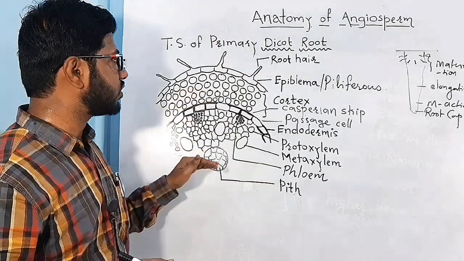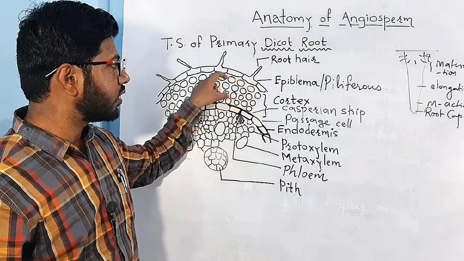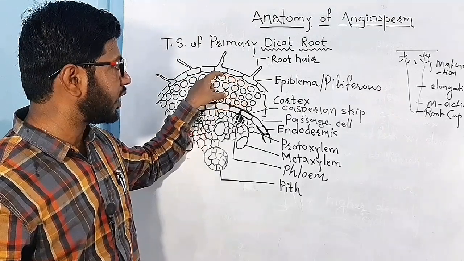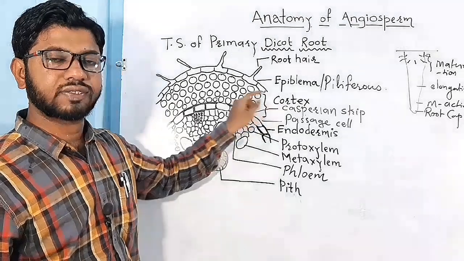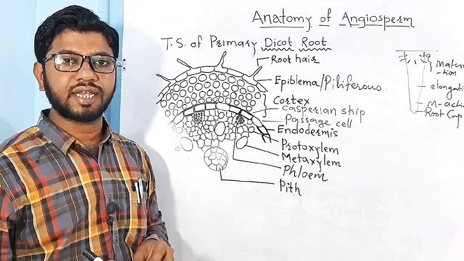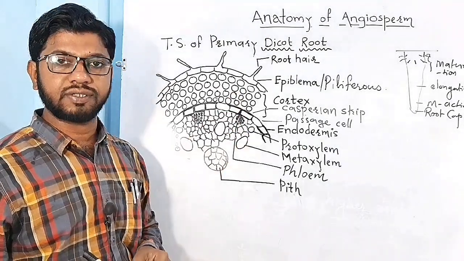Just inner side to the epiblema, 3 to 4 layers of parenchymatous cells are present. These 3 to 4 layers of parenchymatous cells are called cortex. Cortex consists of loosely arranged parenchyma cells, means abundant intercellular spaces are present.